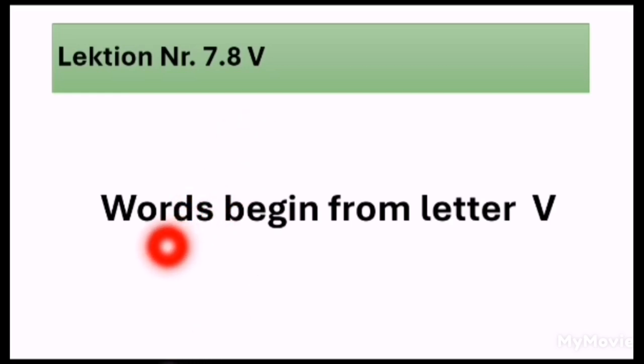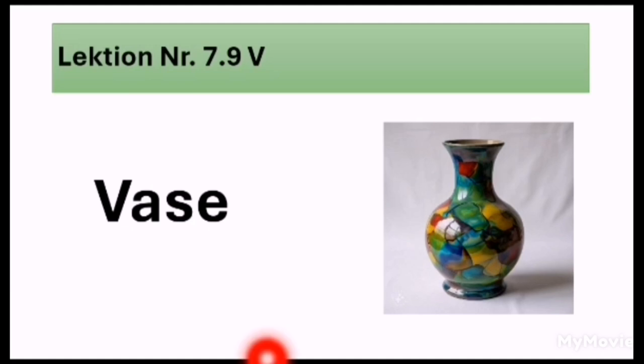And now let's come to the new letter. Words begin from letter V, but in German it is V, not we. We in English and V in German. V, was, okay?